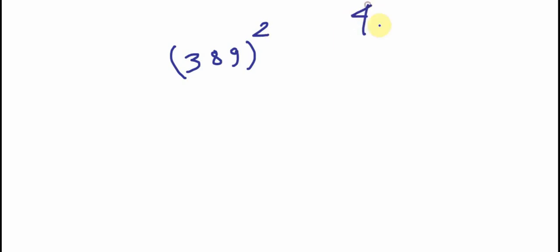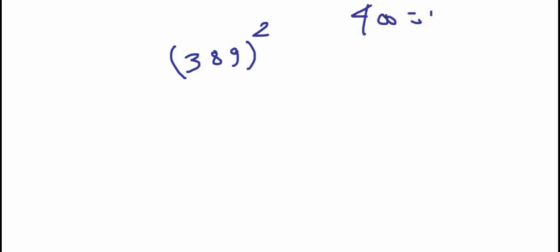So again, let's say you have a number like 389. What is 389 squared? Now the multiple of 100 which is the closest to 389 is 400.